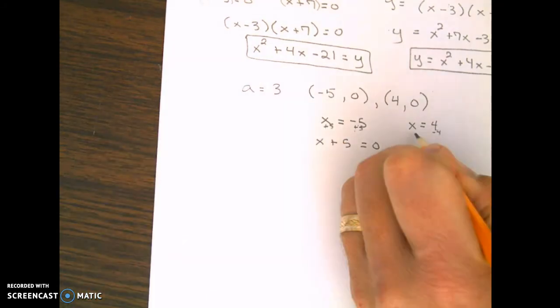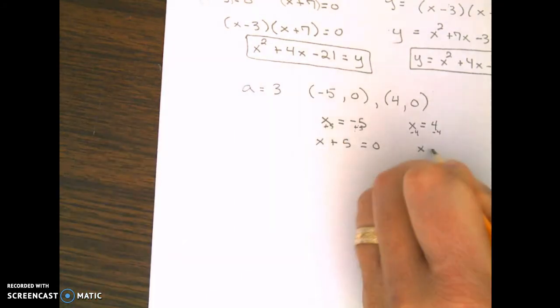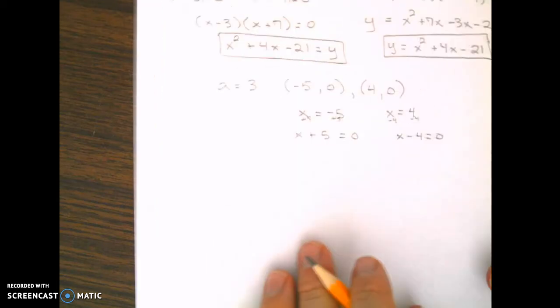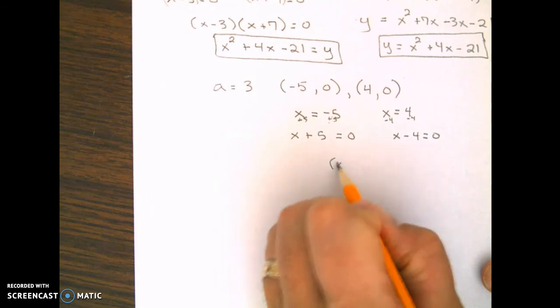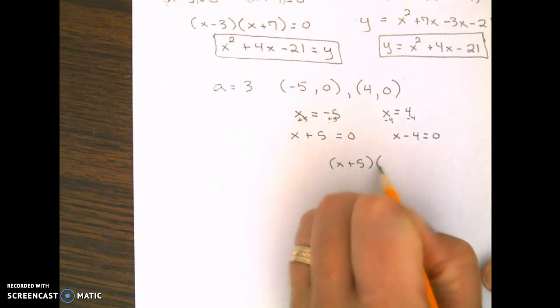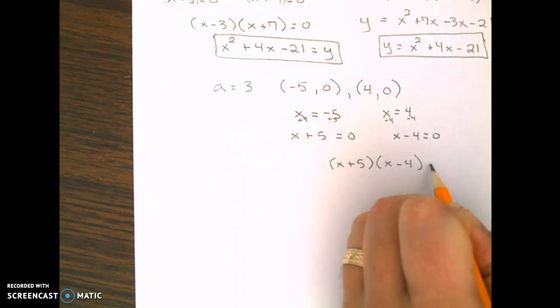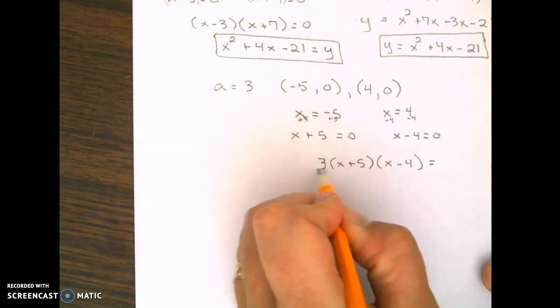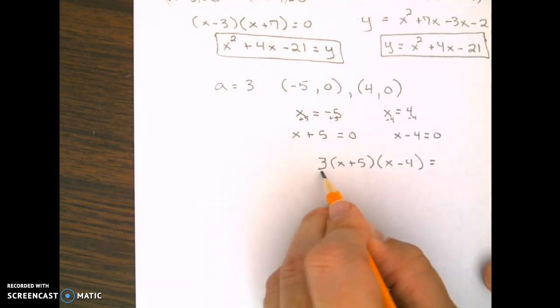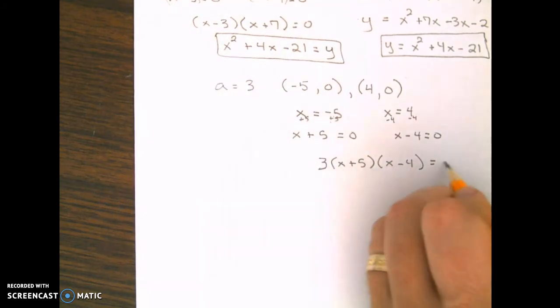Subtracting the 4 on each side, we get x minus 4 equals 0. And then, with the zero product property, we're going to multiply the two factors together. And we have an a value of 3, so that's going to be another factor that's going to get incorporated here.